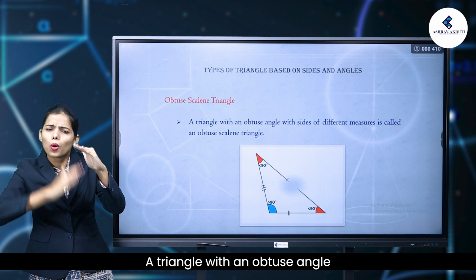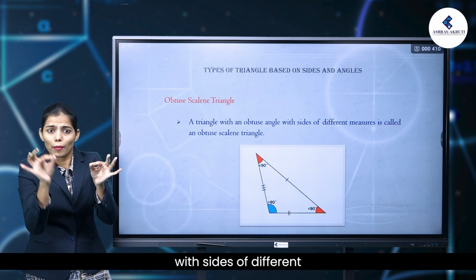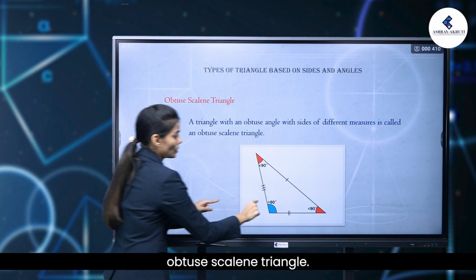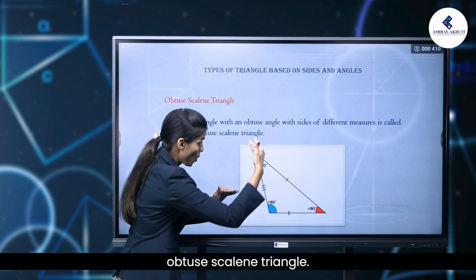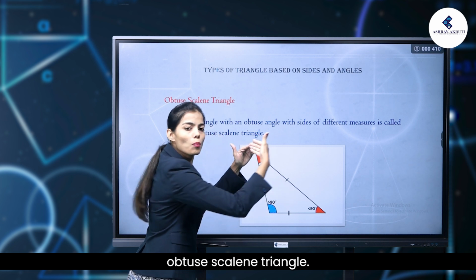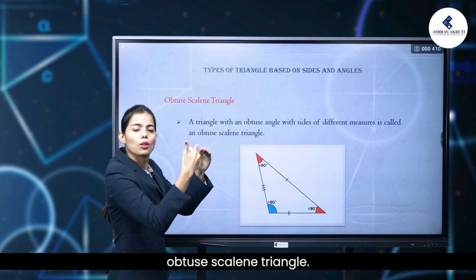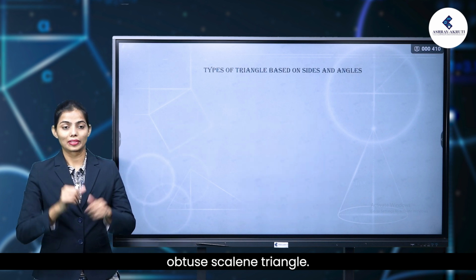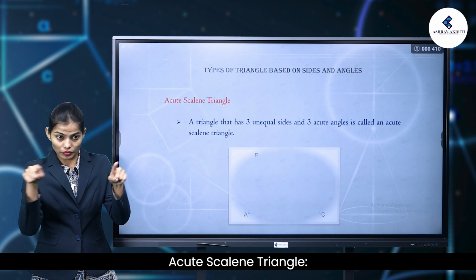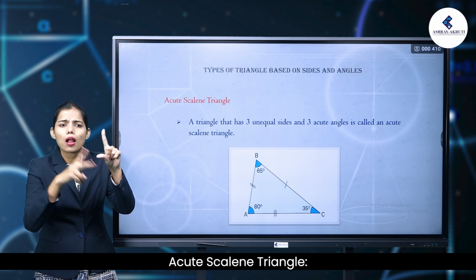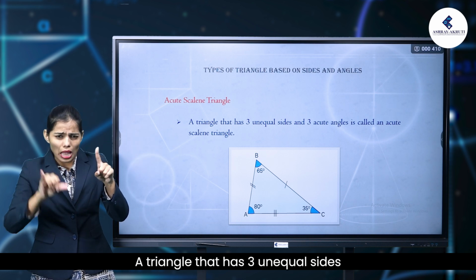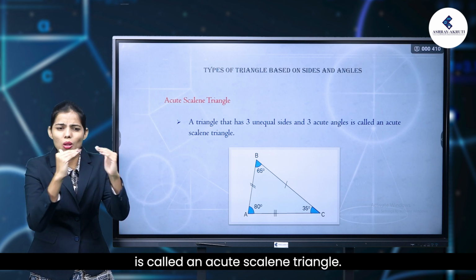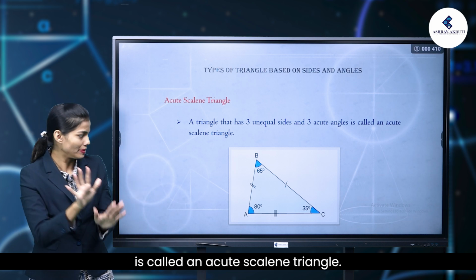A triangle with an obtuse angle with sides of different measures is called an obtuse scalene triangle. Acute scalene triangle. A triangle that has three unequal sides and three acute angles is called an acute scalene triangle.